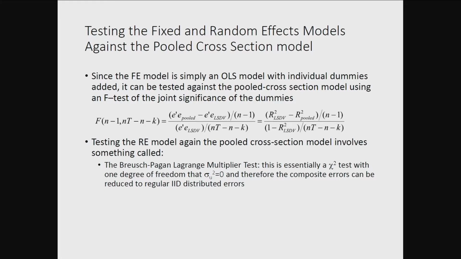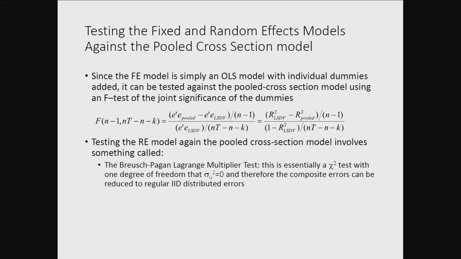So in this case, I'm going to compute the classical F statistic, where I have the R square of the least square dummy variable model minus the R square of the pooled model, over n minus 1, divided by 1 minus R square of the least square dummy variable model, divided by its degrees of freedom. So in general, why is the statistic useful?